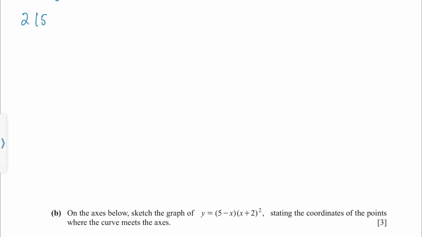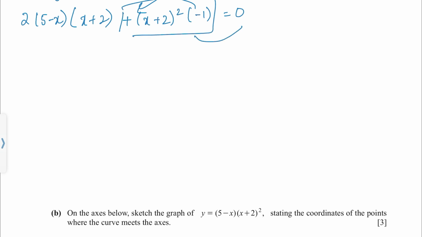This would give us 2 multiplied by 5 minus x, then x plus 2, plus x plus 2 whole squared times minus 1, equal to 0. This would be multiplied by this, and this whole thing would go over there. So this would be multiplying 2 into 5 minus x. That will give us 10 minus 2x into x plus 2 equals x plus 2 whole squared.